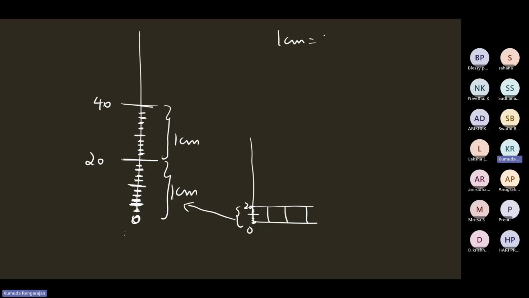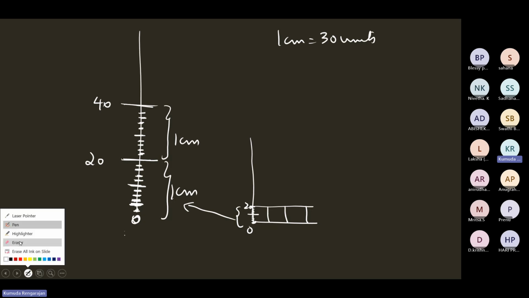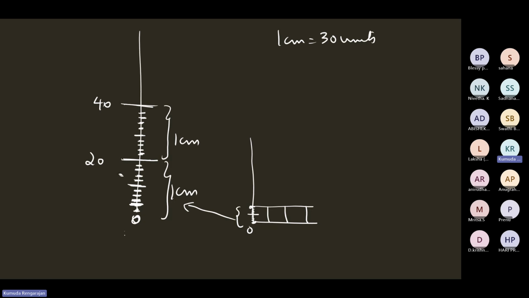So supposing you take 1 centimeter is 30 units. Then you will mark 30, 60, 90. You would have marked 0 and then 30 here. Then how do you read the subdivisions? 30 means 30 by 10, so 3. Each subdivision is 3.